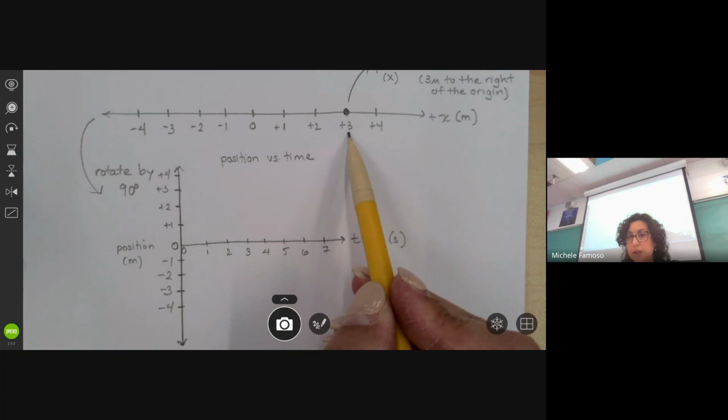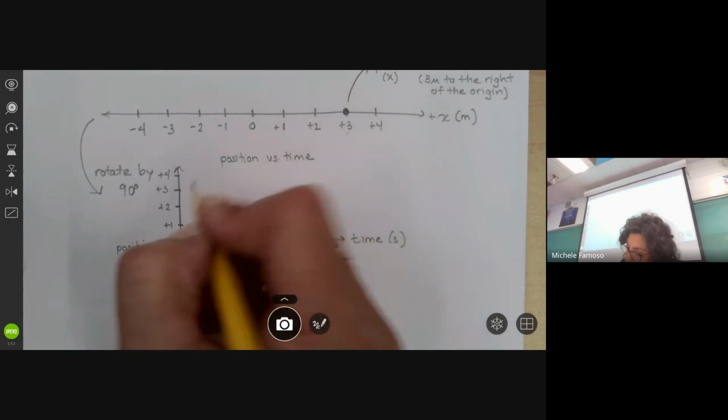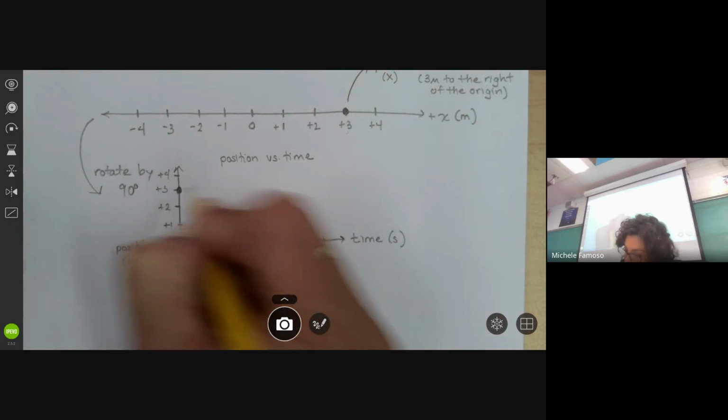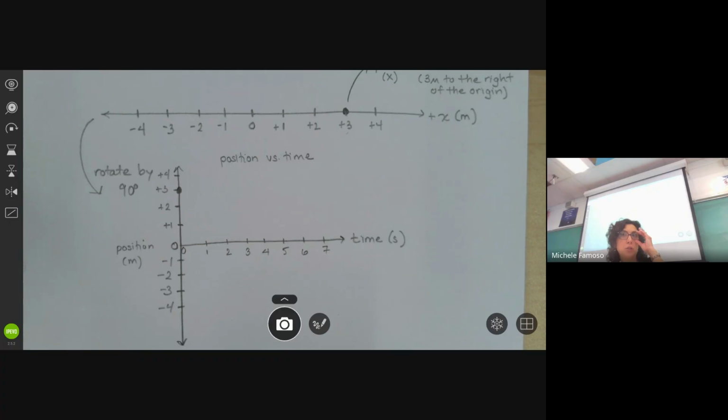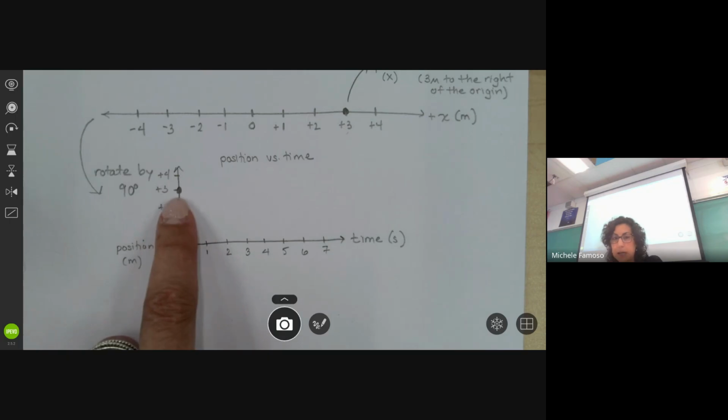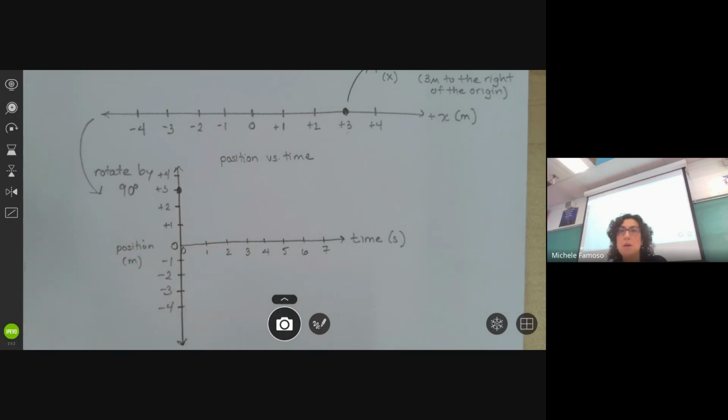I would mark this position of +3 meters when I start my stopwatch by putting a point right there. That's my y-intercept. My position at time 0 seconds is my y-intercept of whatever graph I end up creating.